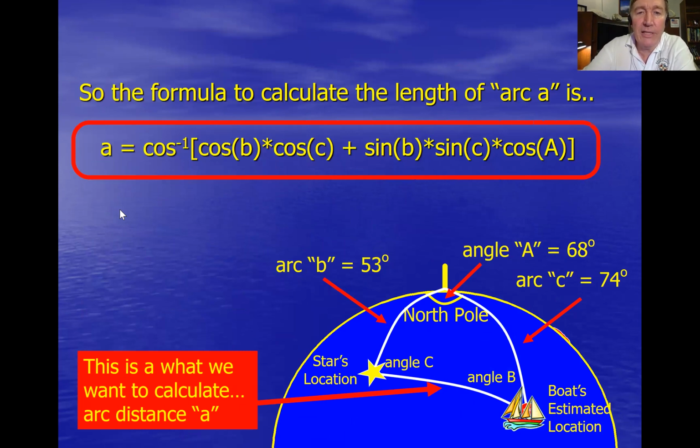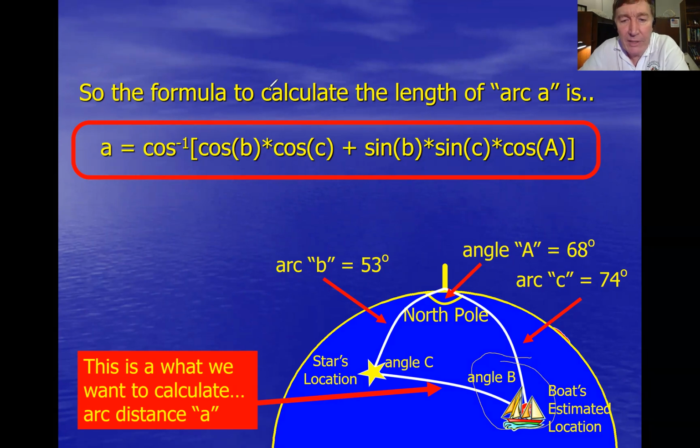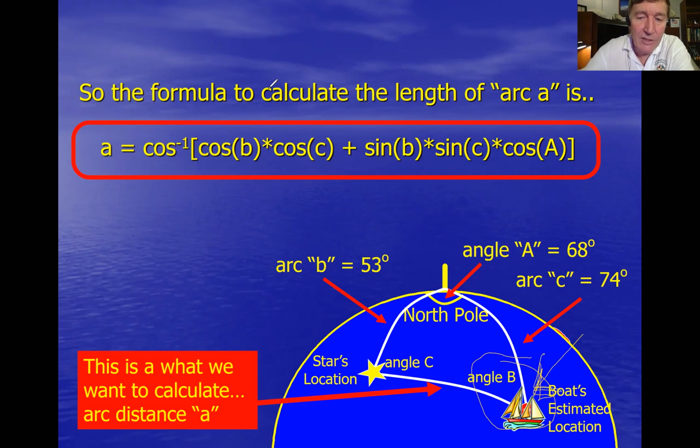Let's look at the naming convention here. I've got A, B, C. B is always going to be the point of the triangle where the boat is. B stands for boat, which is why I chose the naming convention that I did. The vertex is the pointy part of the triangle, so vertex B is where the boat is located.